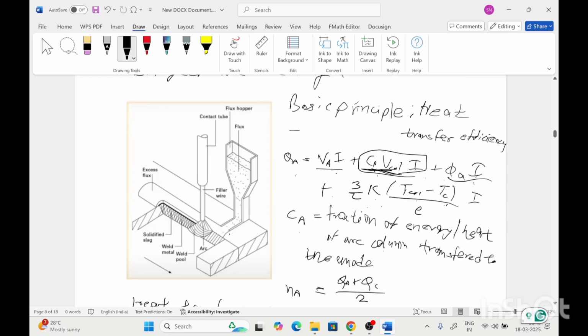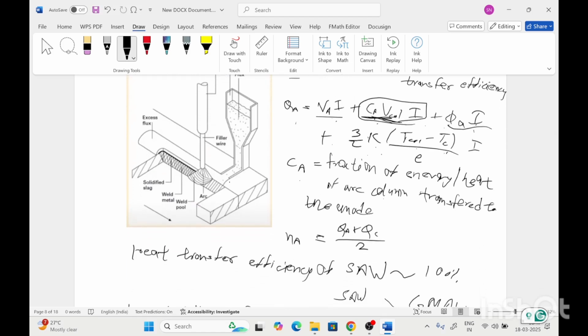Ma'am, in this expression 3/2 K, what is K? Is it thermal conductivity? It is the Boltzmann constant. So it is a radiation related term? No, it is the kinetic energy of the electrons transferred to the anode. So what will be the value of K? The Boltzmann constant, around 1.38 × 10^-5.